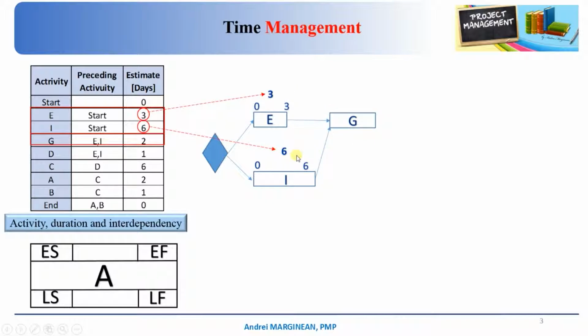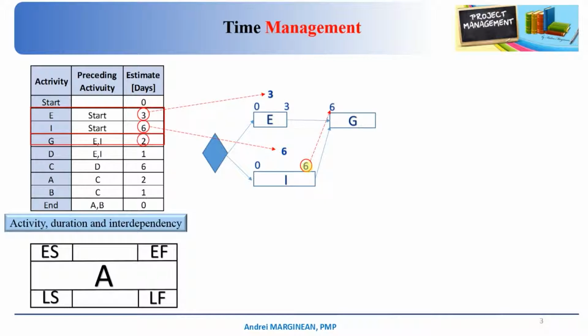So again, 3 or 6. The idea is to take the biggest number. Why? Because we need both activities to be finished. In day 3, the only activity that is finished is this one. In day 6, both activities are finished. So we will put 6 here.